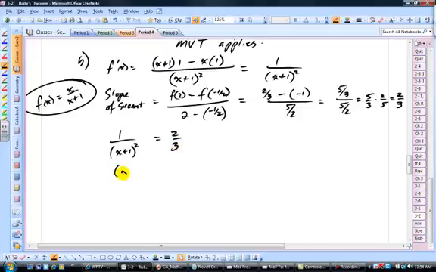I'm just going to reciprocate, so x plus 1 squared is equal to 3/2. Just reciprocate both sides, and now what? Square root. And you get x plus 1 is equal to plus or minus the square root of 3/2, and then you gotta rationalize this. What's it rationalized?